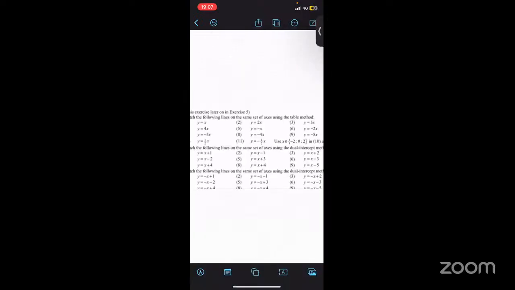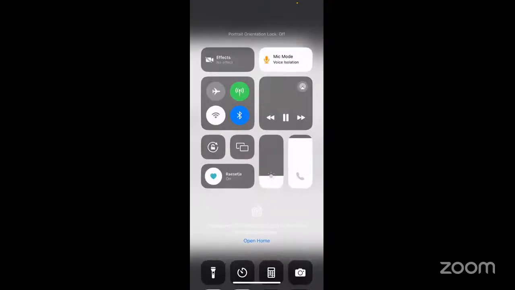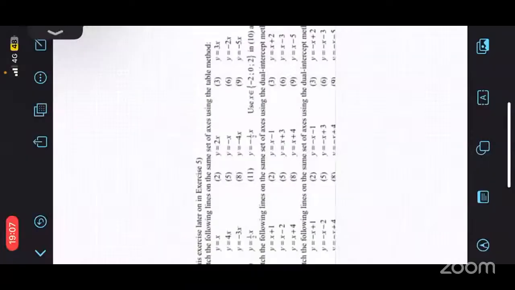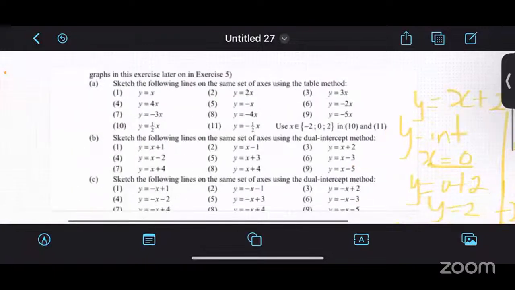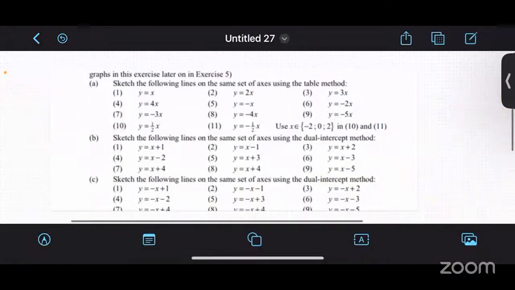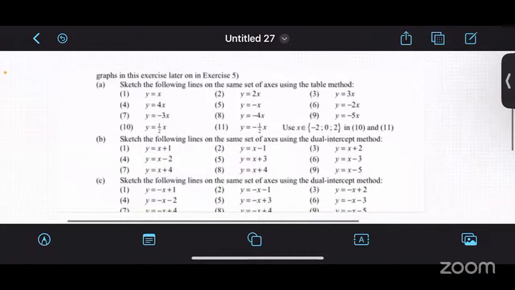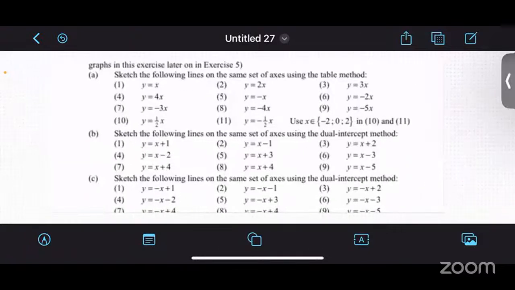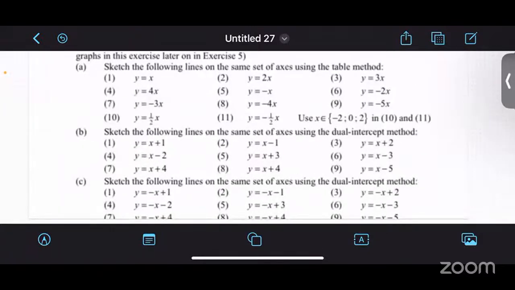Yes, Zira. So, ma'am, what I'm trying to say is, for question A, let's say question 1, question 2, question 3, all of these questions, were they all on the same set of axes? Yes, on the same set of axes.